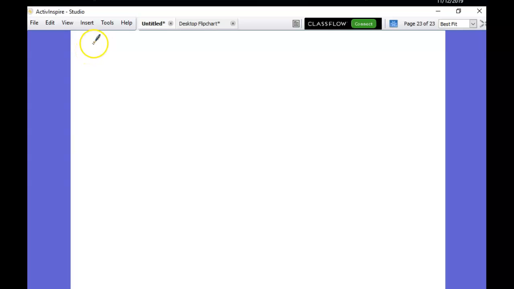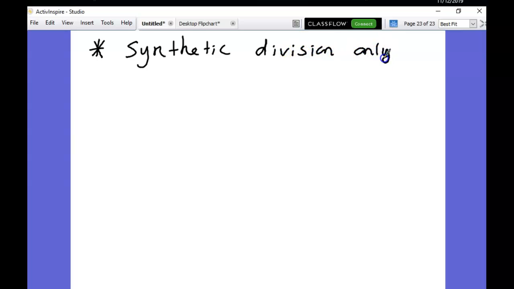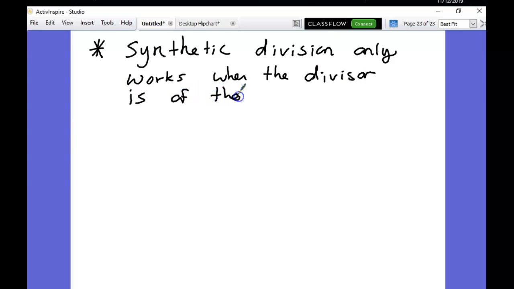Well actually, here's an important note. So let's write this. Synthetic division only works when the divisor is of the form x plus or minus some number.